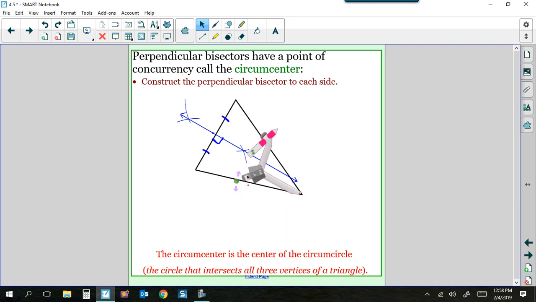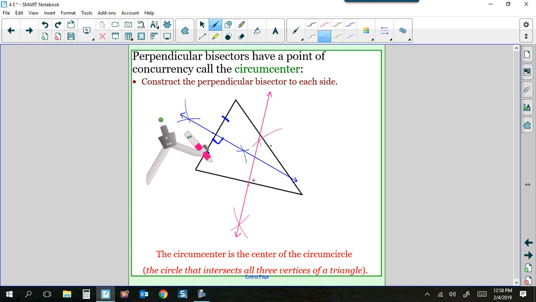And then again, rather than swinging and drawing the whole arc here, I would just do a little bit here and a little bit up here. And then I'll go to the other endpoint and repeat that, a little here and a little here, and you should end up creating two intersections, creating your perpendicular bisector. So we're going to go ahead and put our right angle, and I'll put two congruency marks to show we have a second midpoint.